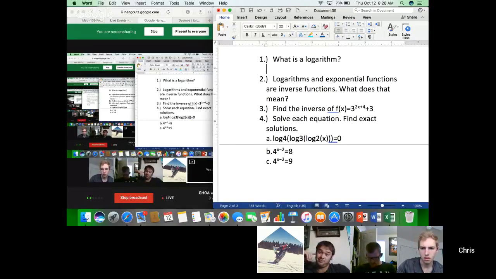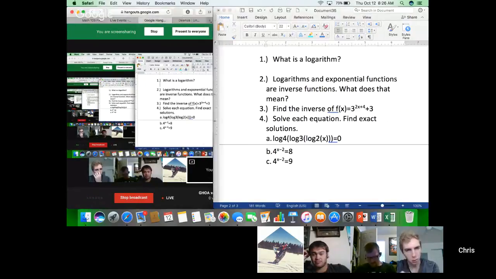That makes sense. You could probably just copy and paste it from Google on your screen if you wanted. That's probably a good idea. Well, what does that mean?